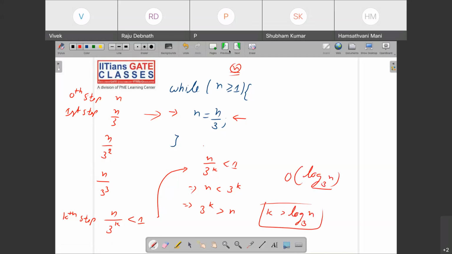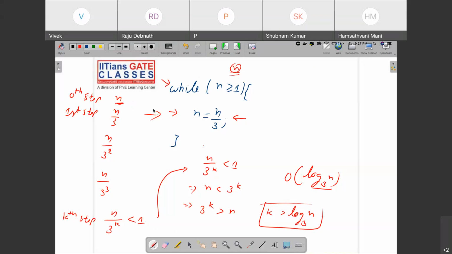Okay, now you can tell me if you understand this question. It's not 3n, it cannot be 3n, Chandra. So I did the derivation here. At step 0, before entering the while loop, the value is n.